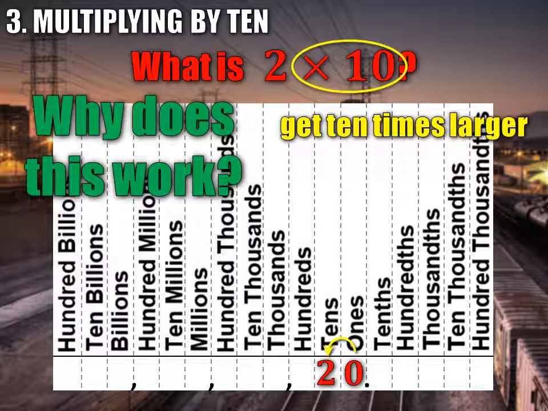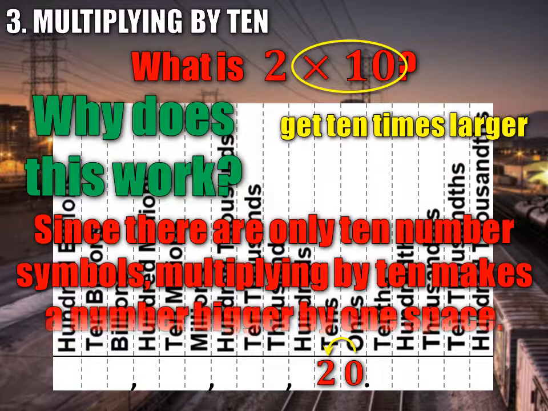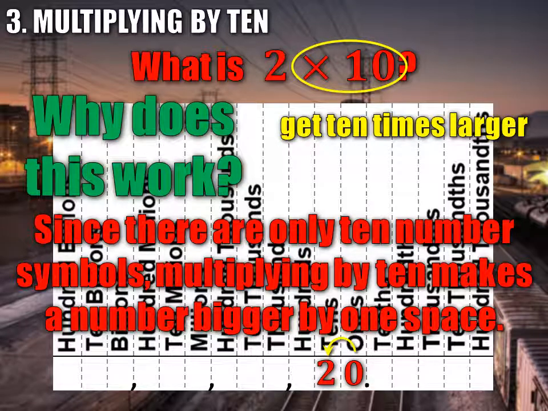Well, hopefully if you've been paying attention, you'll remember something special about the number 10. That's the number of symbols we have. Since there are only 10 number symbols, multiplying by 10 makes a number bigger by one space. We've run out of symbols. The number of symbols has reset, so you could just move it over to the left one space.